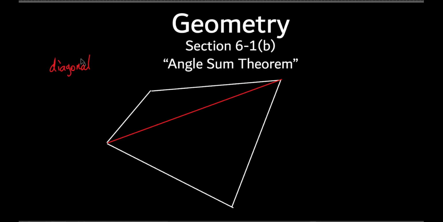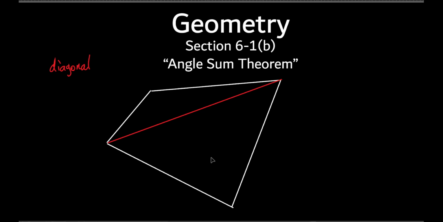Is that the only diagonal I can draw? Yeah, because if I start from this vertex, I should say that. Because I could draw another diagonal from here to here, couldn't I? All right, so yeah, technically there is two diagonals. And we are going to do that a little bit later on, 3 lessons from now. But right now, I just want to start at one vertex. So draw a diagonal from one vertex. Everybody got it? All right, and again, it doesn't matter which one.